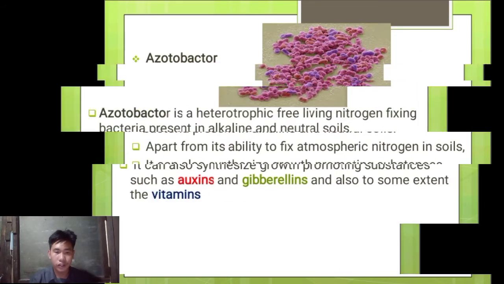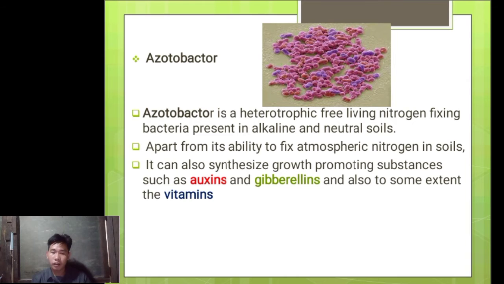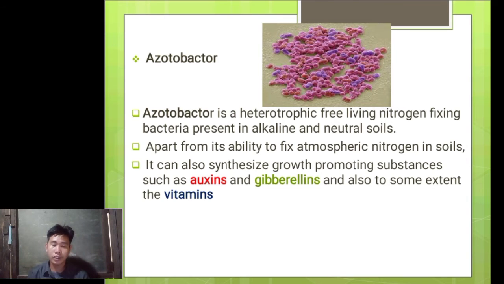Azotobacter is a heterotrophic free-living nitrogen-fixing bacteria present in alkaline and neutral soils. Apart from its ability to fix atmospheric nitrogen in soils, it can also synthesize growth promoting substances such as auxin and gibberellins, and also to some extent the vitamins.